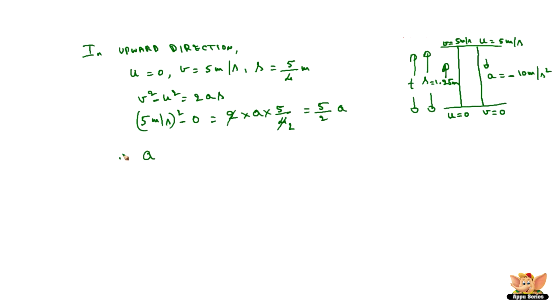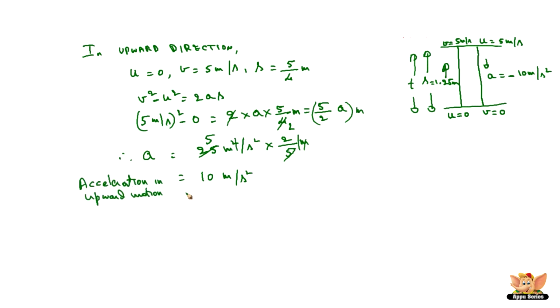Hence a is equal to 25 meters square by second square into 2 by 5. So 5 5's, hence we get a as 10 meter per second square. This is the acceleration in upward motion.